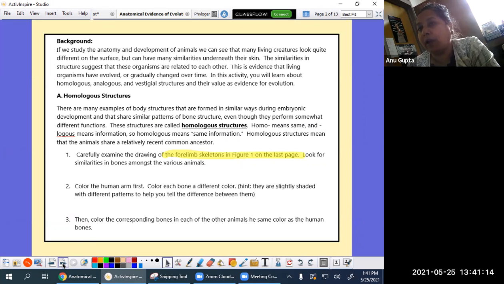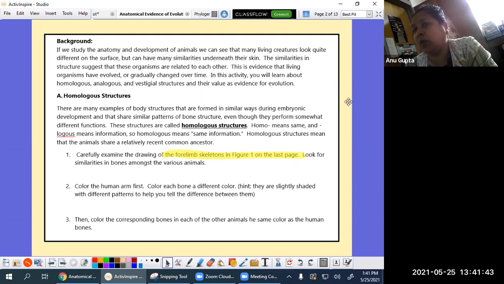If we study the anatomy and development of animals, we can see that many living creatures look quite different on the surface, but they have many similarities underneath the skin. These similarities tell us that these organisms were related to each other. There is evidence that living organisms have evolved or gradually changed over time, but there has been a similarity.